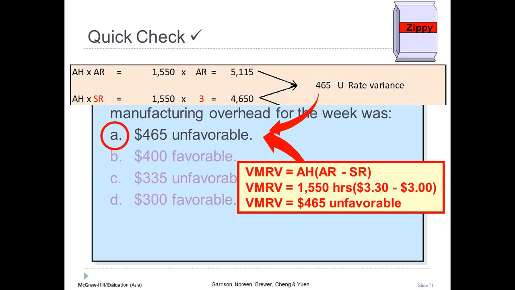The $465 unfavorable variable manufacturing overhead rate variance results because Hansen's actual variable manufacturing overhead rate per labor hour is 30 cents per hour more than the standard rate for the 1,550 hours actually worked.